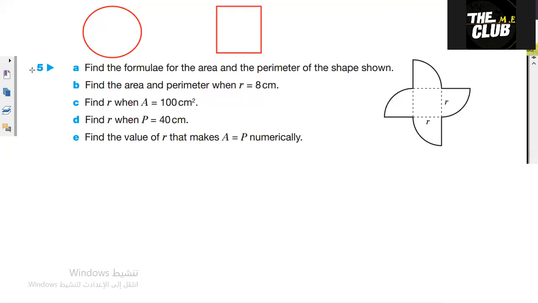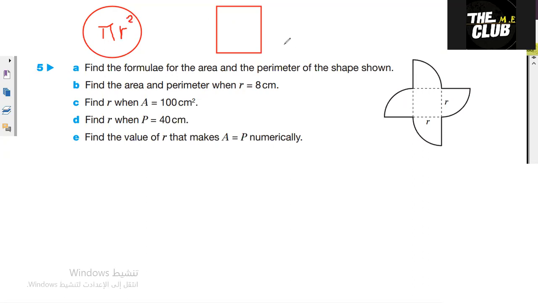Now, first, if we're talking about the area, it means the area of the circle, which is pi r squared. Let's write it here. So pi r squared.